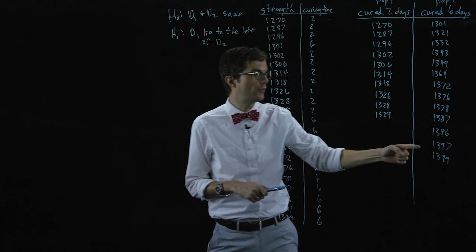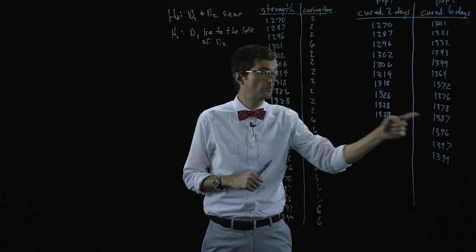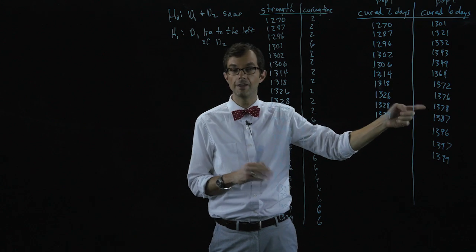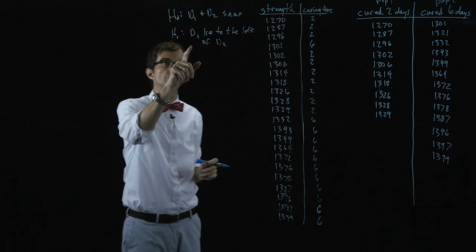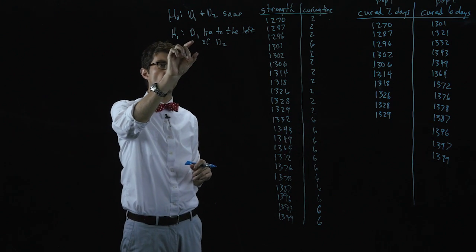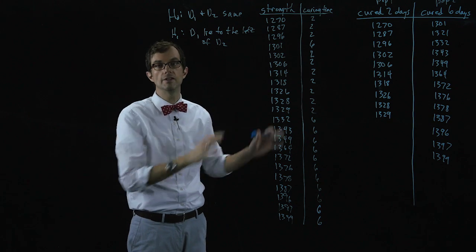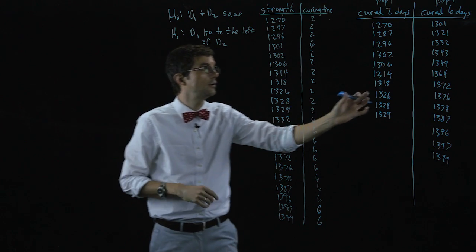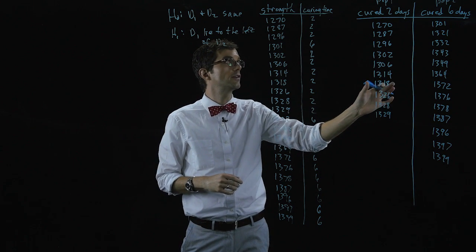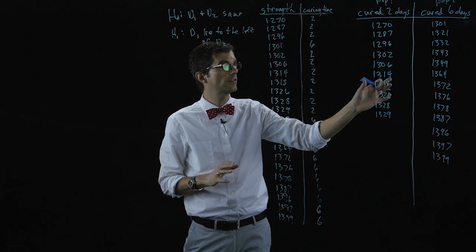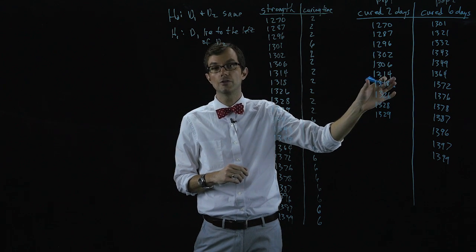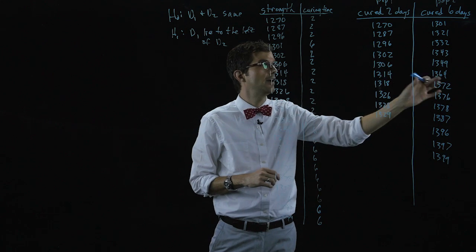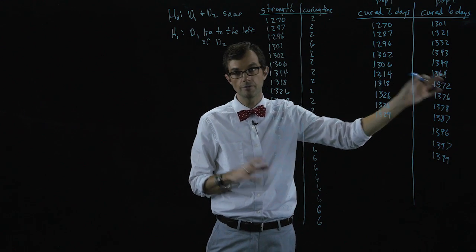Okay, we want to know if this is more than this. If this is more than this, then this lies to the left of this. And we always give this in terms of D1 relative to D2. So is D1, the strength for the concrete blocks if we cure for 2 days, does it lie to the left of this, meaning that this is greater?